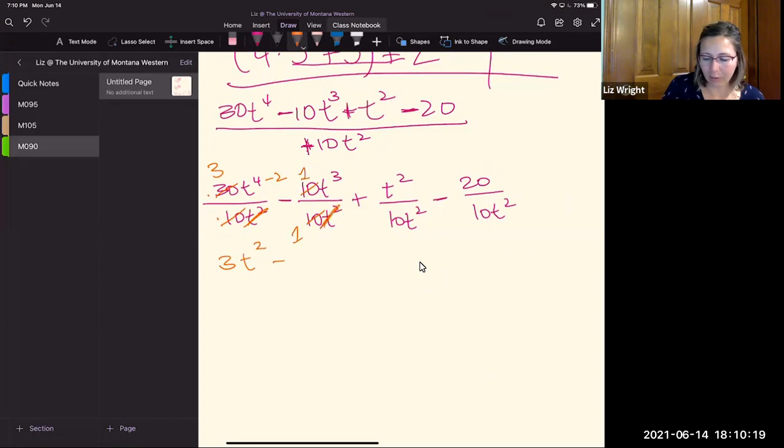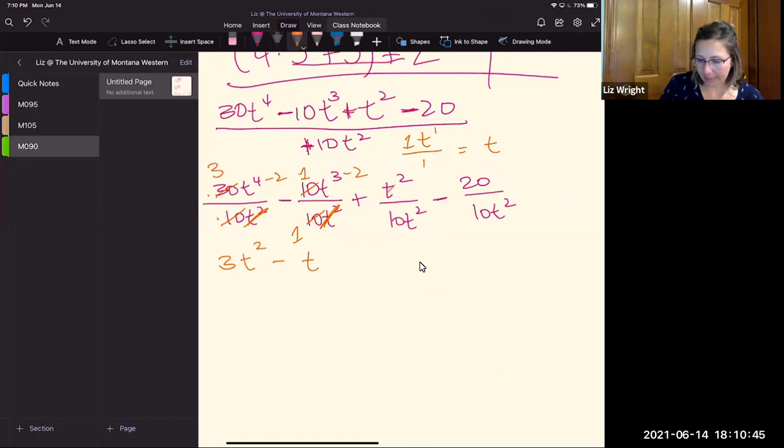I'm going to take these 2 off up here. And so what I would be left with was 1t to the first. So if I write it out, I'd have 1t to the first all over 1. Well, that's just going to reduce to t, because 1 times t to the first is just t to the first. T to the first is just t, and t over 1 is just t. So that's what I get to write here.